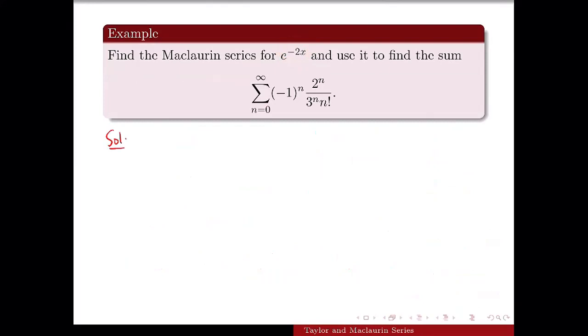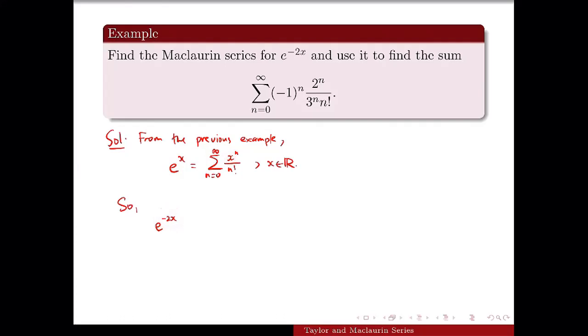Solution. From the previous example, we have e to the x equals the sum of x to the n over n factorial, from 0 to plus infinity, for any x in the set of real numbers. So for e to the minus 2x, we just replace this x here by minus 2x.